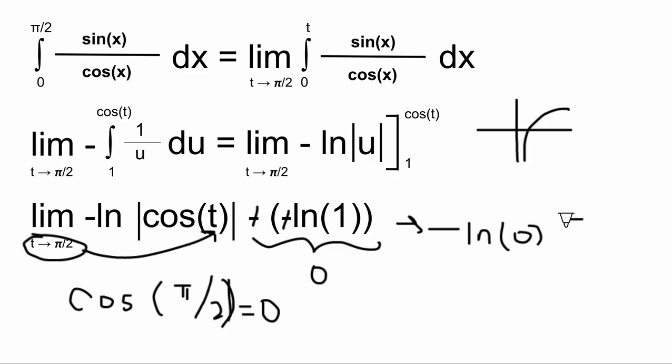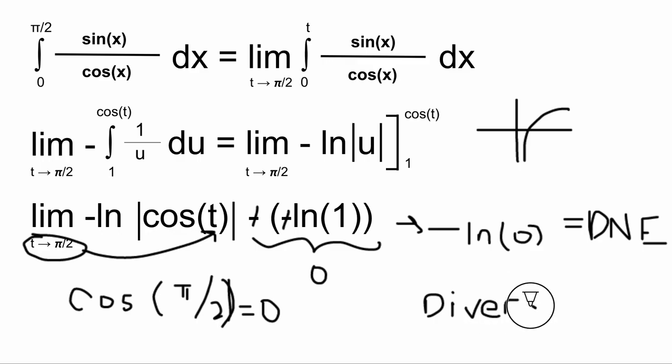So this limit does not exist. And because this limit doesn't exist, the overall integral is divergent. And when it is divergent, you need to write out the term divergent. If it is convergent, you don't have to write out that it converges because the fact that it has a finite answer is evidence enough.